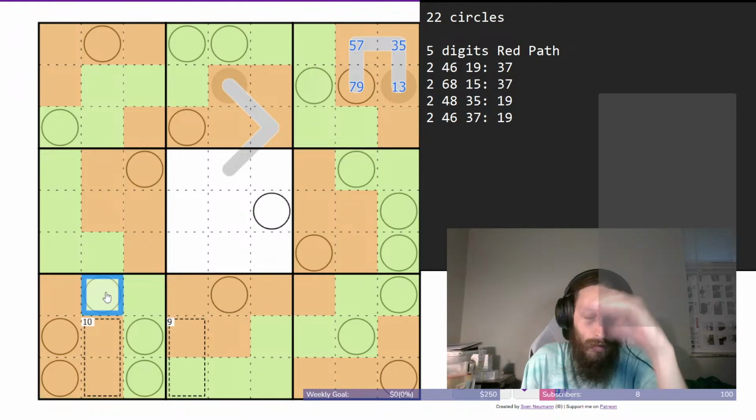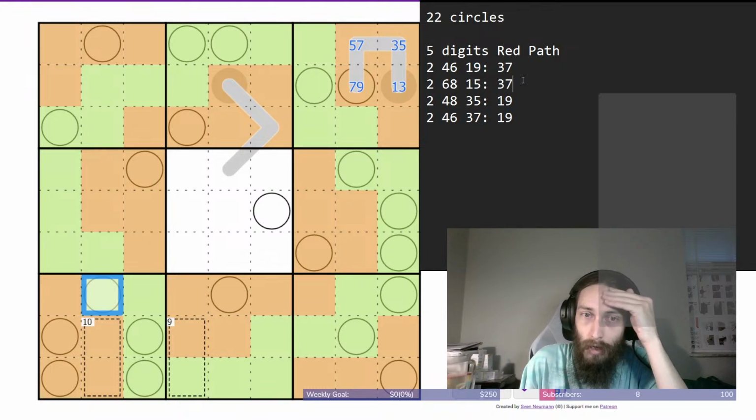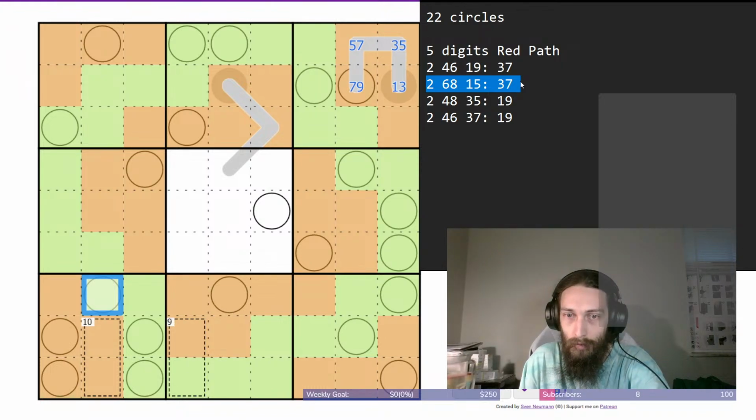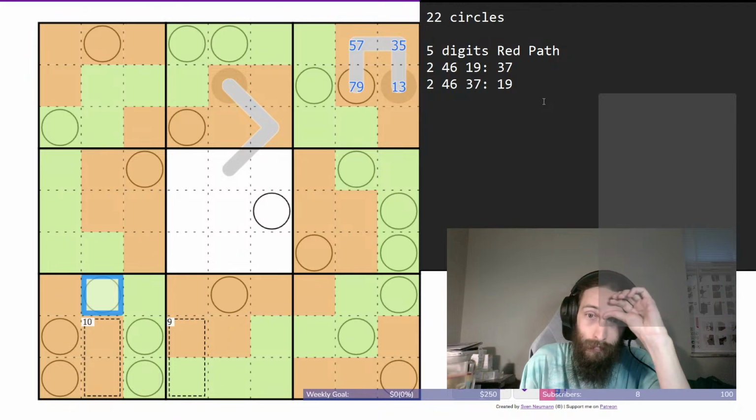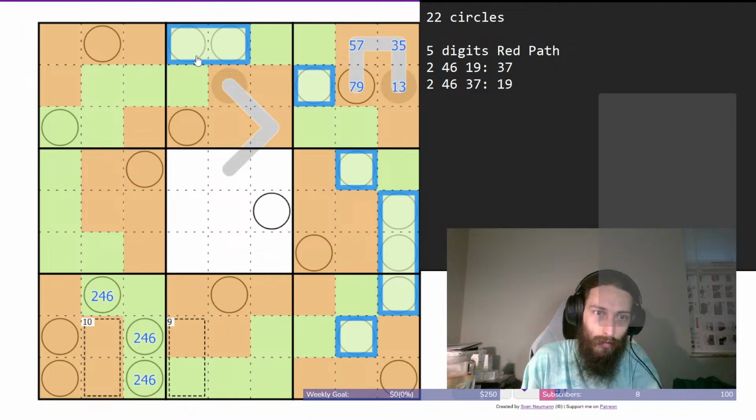I don't know if that's guaranteed to be a 2, but I think that one has to be a 7 or a 9. Box 3, yes. Right. So that takes this one out, and the next one, this one. So now it's 2, 4, and 6 in all of our green circles.